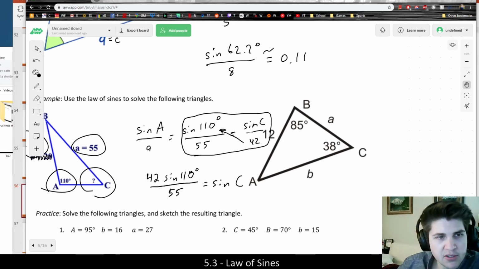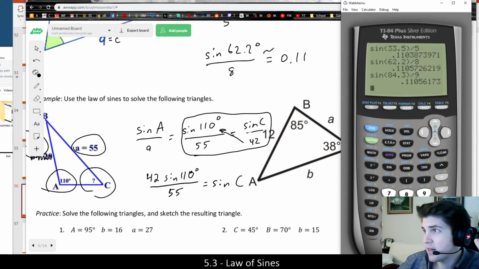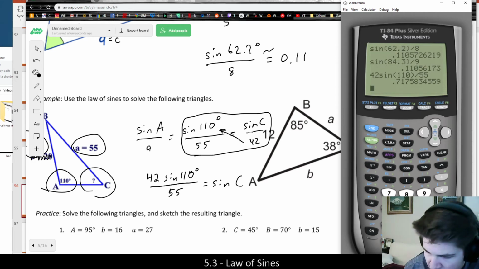And all of that would just grind into a bunch of numbers, so we could go ahead and calculate what that is. 42 times the sine of 110 divided by 55 must be equal to the sine of C. So sine of C is equal to that particular ratio.